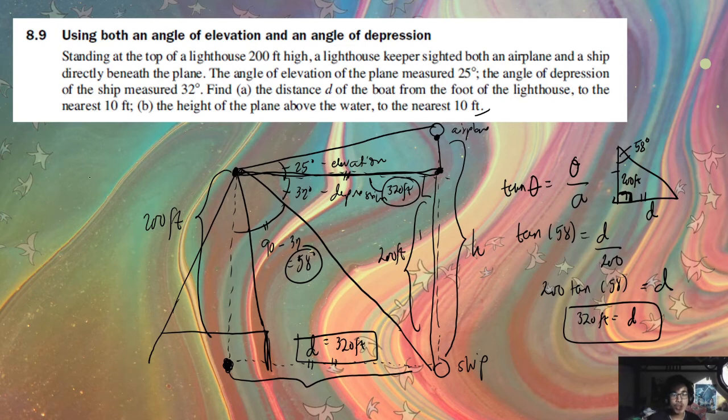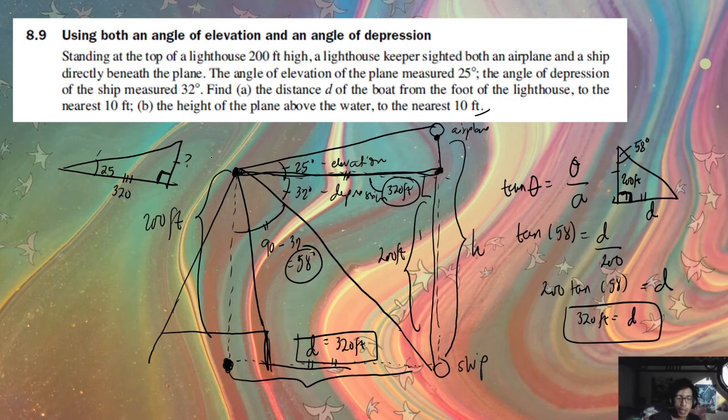If we draw the right triangle that we formed here, this angle is 25 degrees. We don't know the measurement of this side, but we do know that this side is 320, because it is parallel and congruent to the line of sight above.